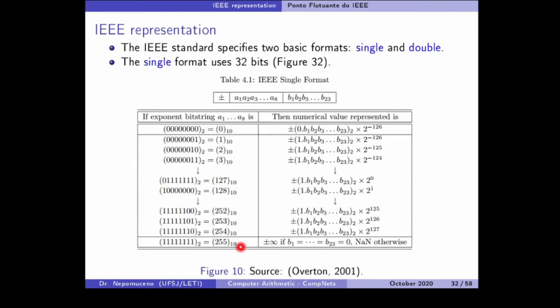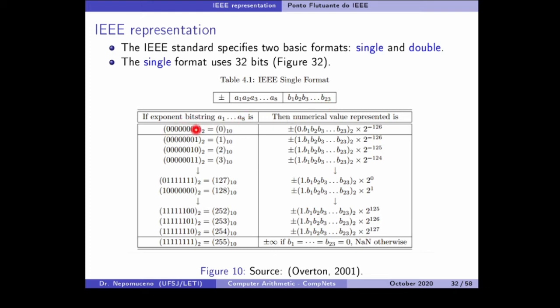Okay. The IEEE standard specifies two basic formats, single and double. The single format uses 32 bits, represented here in the figure. So you have the sign, 8 bits for the exponent, and 23 bits for the mantissa, or the significand.